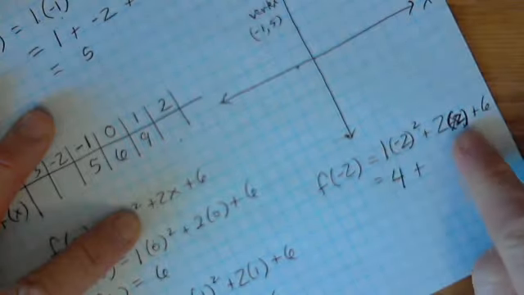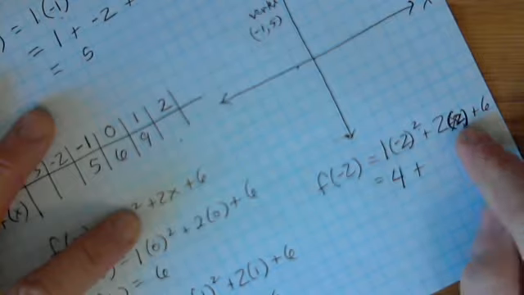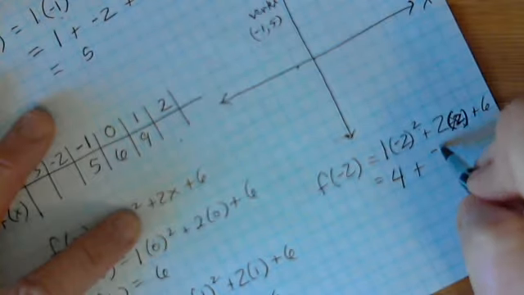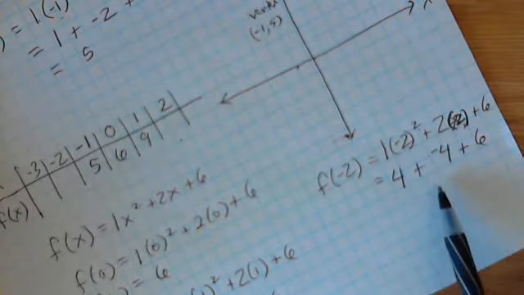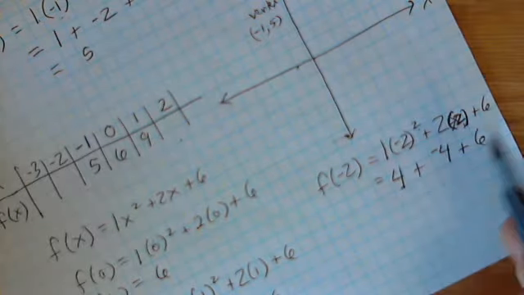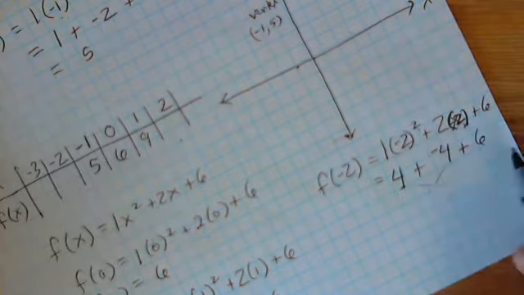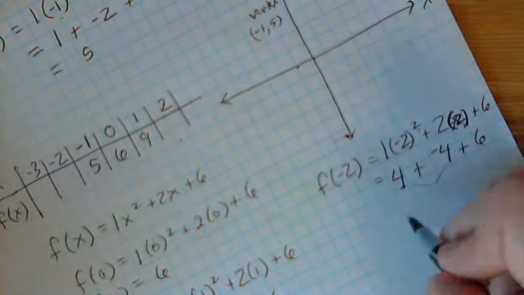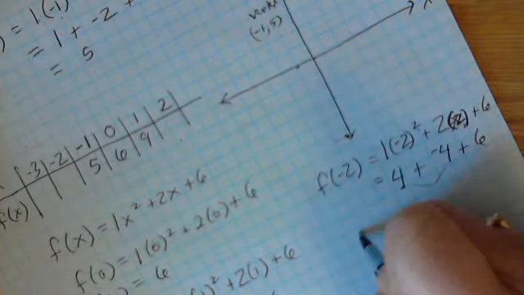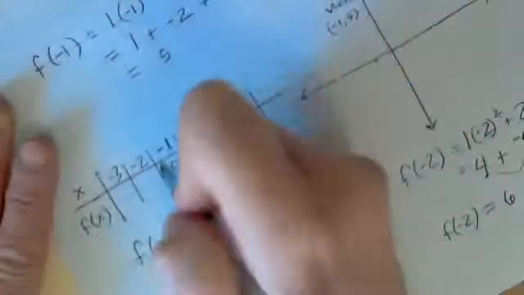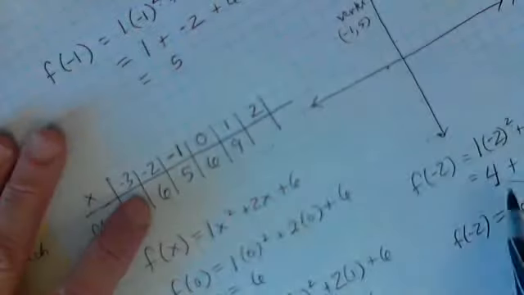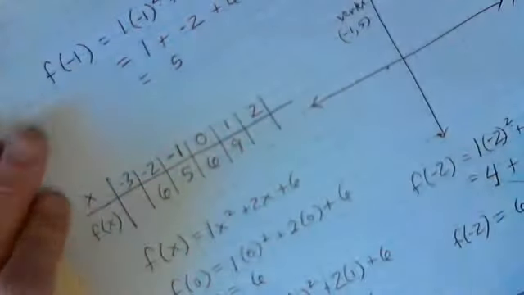Plus 2 times, that was a negative 2 in there. 2 times negative 2 is negative 4, plus 6. Okay, negative 4 and positive 4, these two make 0. And that gives me just 6 then. So f of negative 2 was 6. Interesting. So was f of 0. I'll go put that in my table. I put in a negative 2, I got a 6.